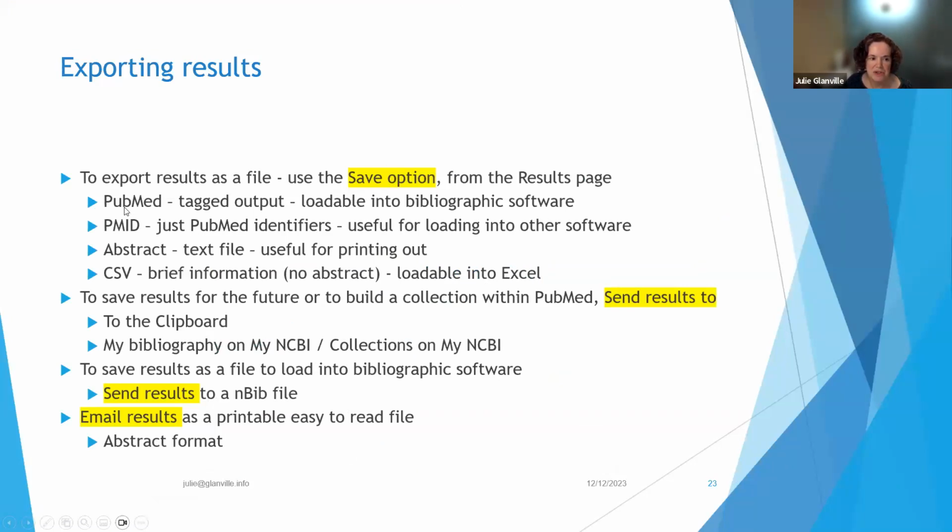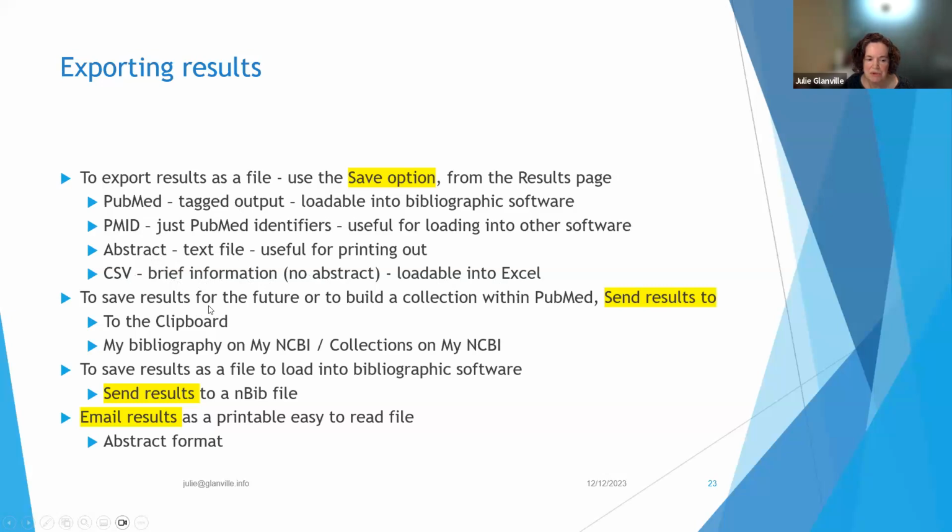And you can produce tagged output that you can load into bibliographic software. You can export just the PubMed IDs, which is useful for loading into things like citation searches. You can download just the abstract, or brief information, no abstract, in CSV format that you could load into Excel.